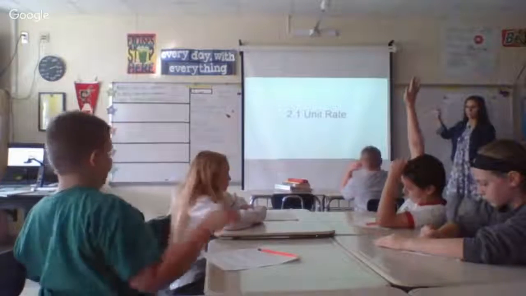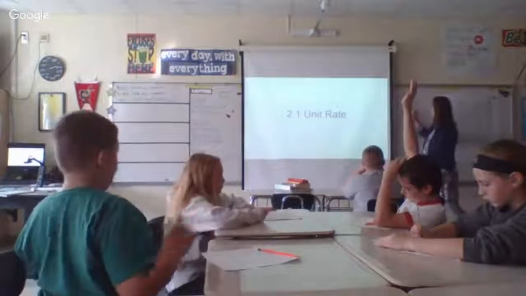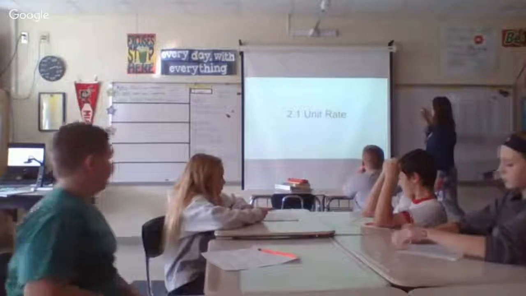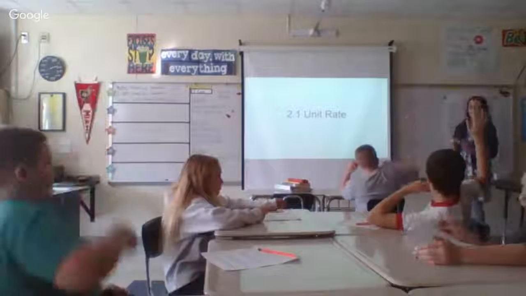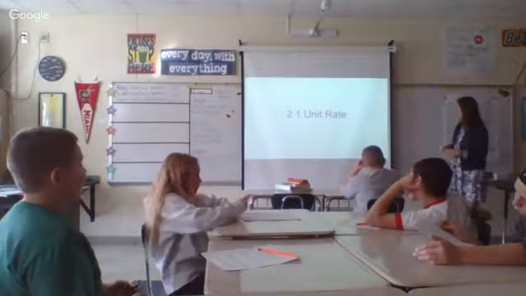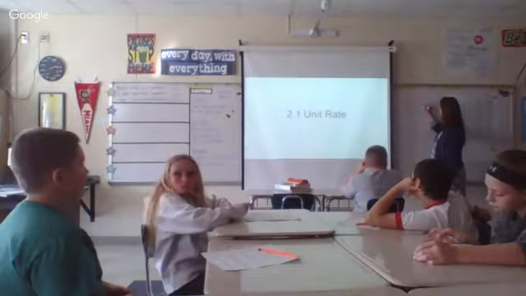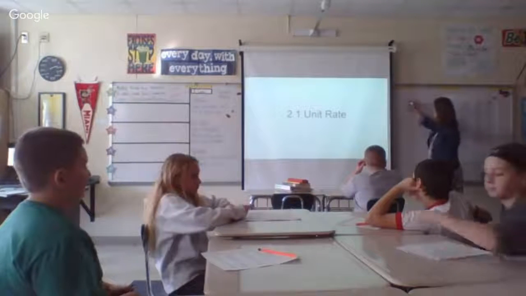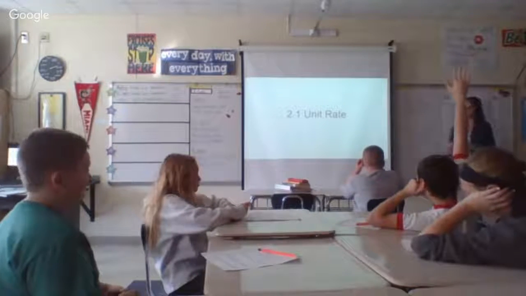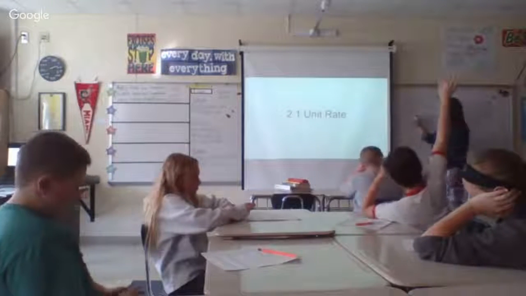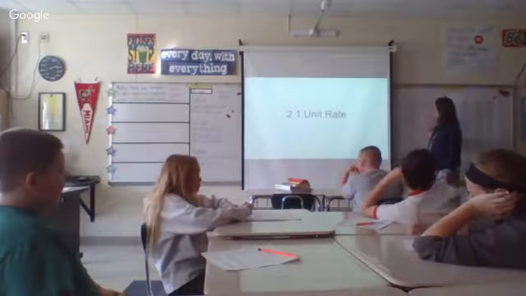Ted? For every 4 animals, there are 6 workers. 4 to 6. Why is this equivalent? Because they're both divided by 2, so we use that number divided by 2, and it'll equal the same thing. Yeah, so 4 to 6, even 2 to 3, right?